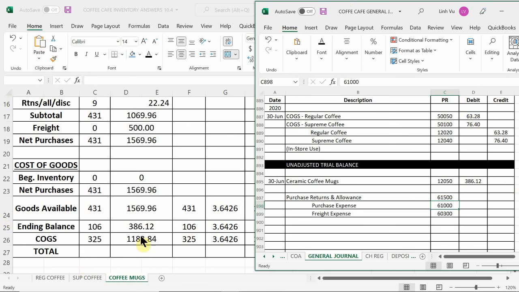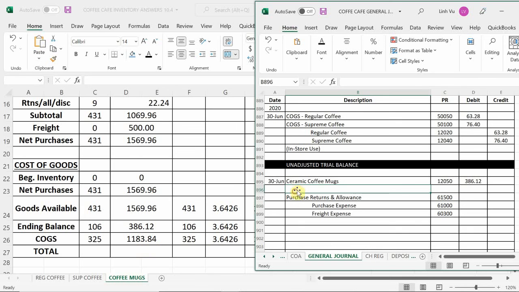Okay. And what's the last account that we need to recognize? I do not know. Okay. What is this 1183.84? Cost of goods sold.